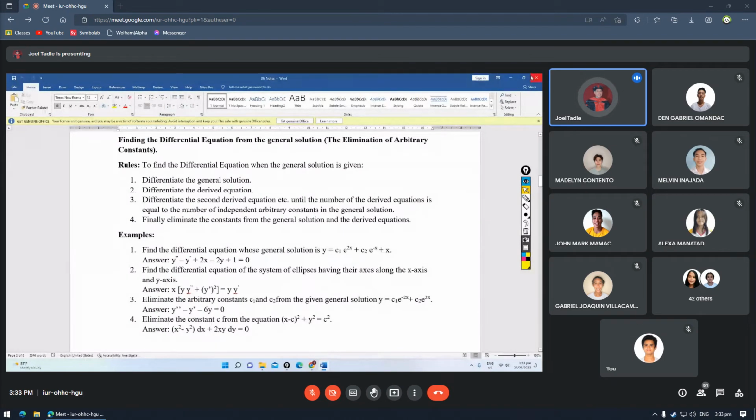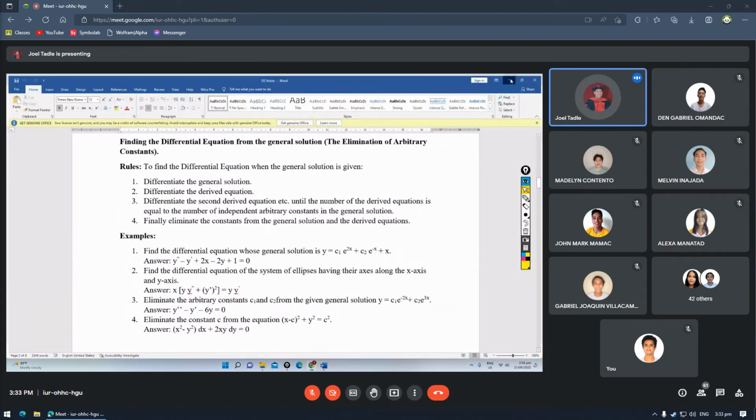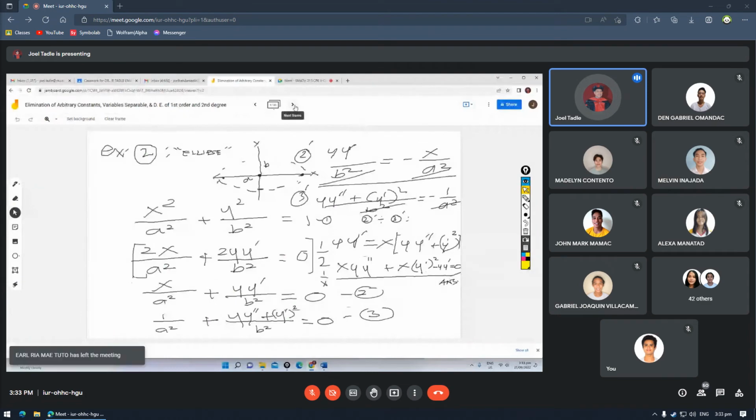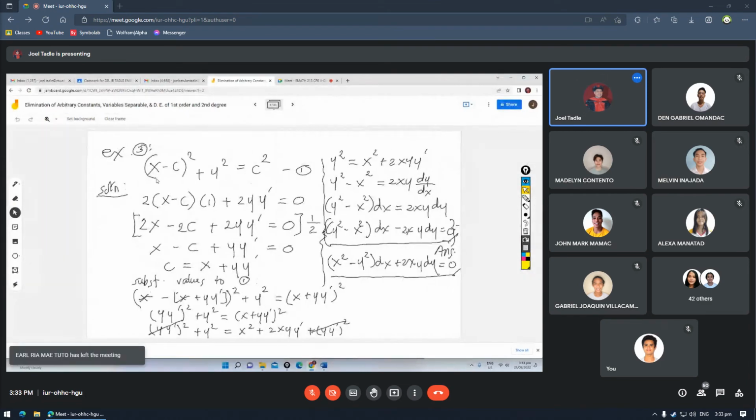So arita sa number 4 kay usara man ni ka constant, so kausara ta mo differentiate ani para doon na tayo variation sa atong example, huh? So arita sa number 4, huh? So usara ka constant: quantity x minus c squared plus y squared equals c squared. So kay usara man ka constant, usara ta mo differentiate. Maro na ilahanan nato, no?